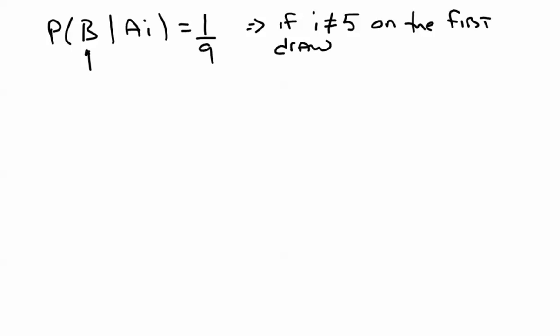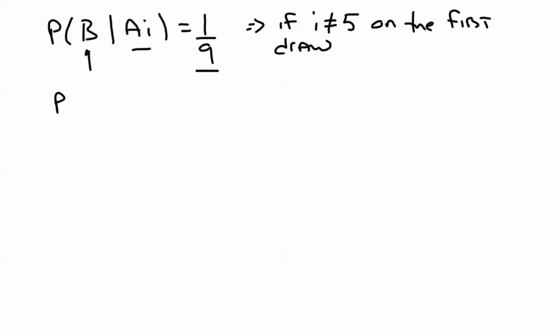The probability that I reach into the bag and grab the chip with a 5 on it, given that the first chip I pull out does not have a 5 on it, is 1/9 because there are 9 chips left over and one of them has a 5.